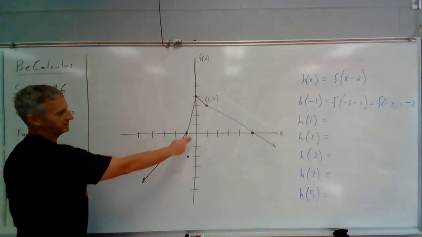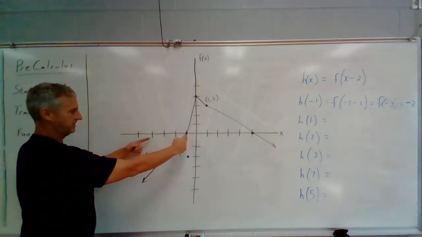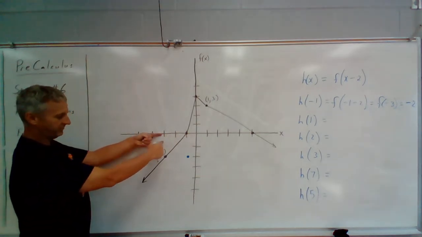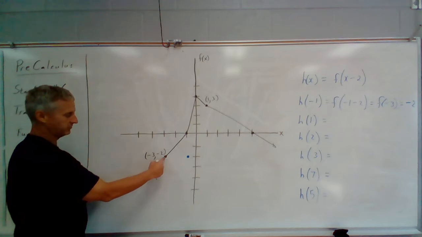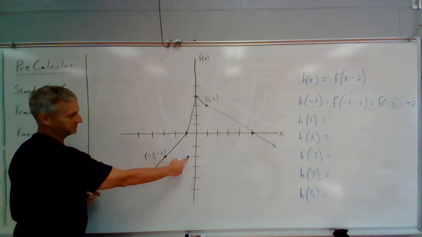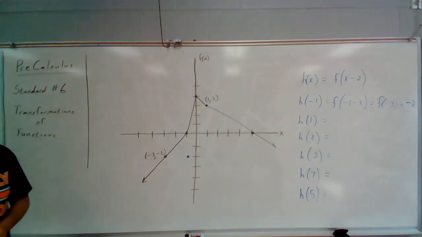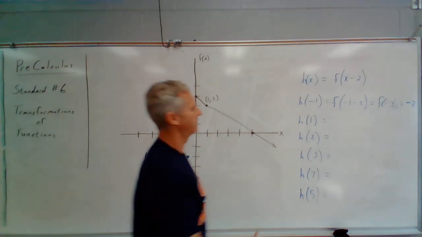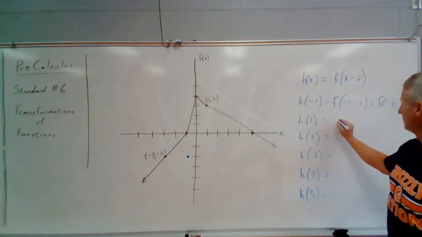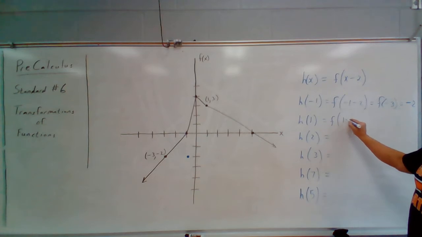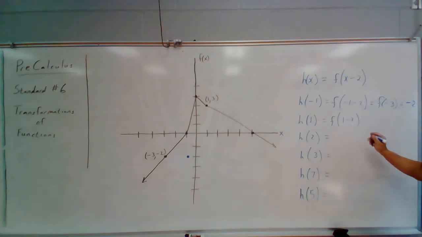Okay, so again, plugging negative 1 into the new function is the same thing as plugging negative 3 into the old function. So this point gets shifted right 2 spaces. All right, let's do h of 1. So that would be f of 1 minus 2. 1 minus 2 is negative 1, so that's f of negative 1.